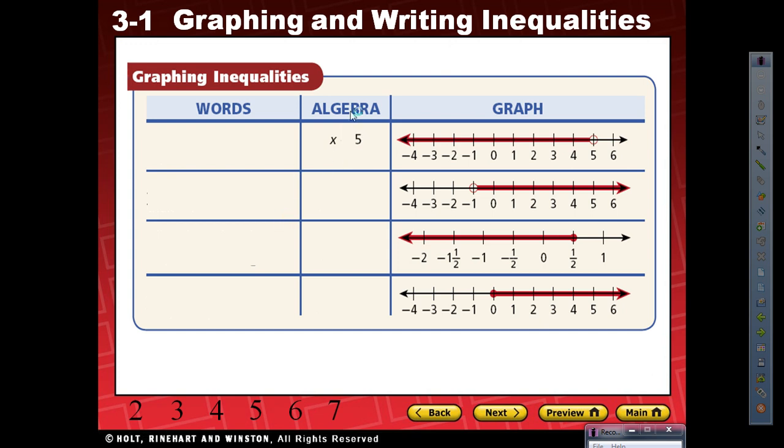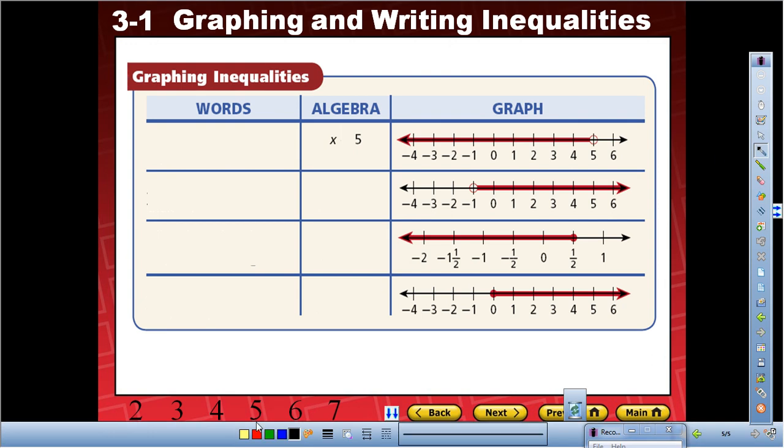So now, I want to fill in my inequality symbol. If I was to pick any number here, because the x represents all these numbers, right? Hypothetically, let's say I chose -23. If I substitute -23 for the x, because it's part of this shaded area, then looking at -23 and 5, which one is greater? You're right, the 5 is greater.